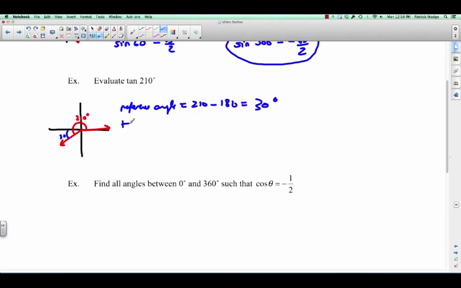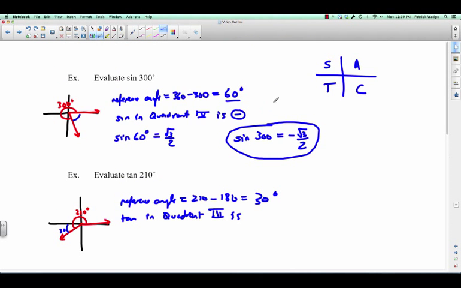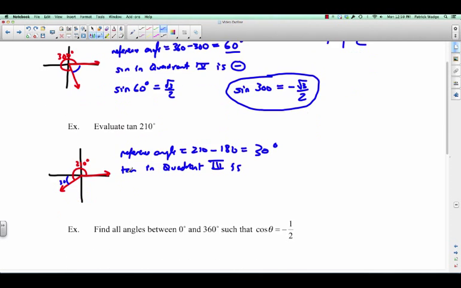Okay, tan in quadrant 3, is it positive or negative? So again, let's look up here. In quadrant 3, the only one that is positive is tan, and that's the one we're talking about. So in quadrant 3, it is positive. And the last thing we have to do is ask ourselves, what is tan of the reference angle?